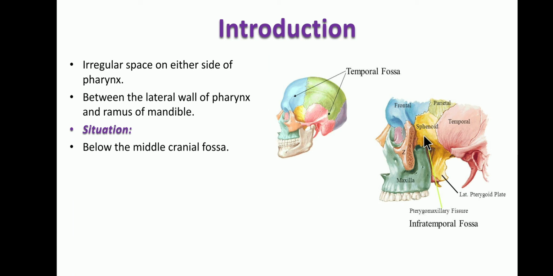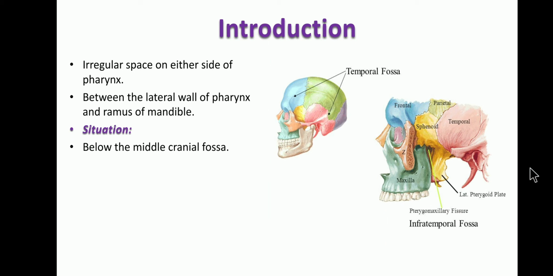You know the interior of the cranium, the floor of the cranium has three fossae: anterior, middle, and posterior cranial fossa. The features of the cranial fossa we have discussed extensively in the osteology of the skull part 2.